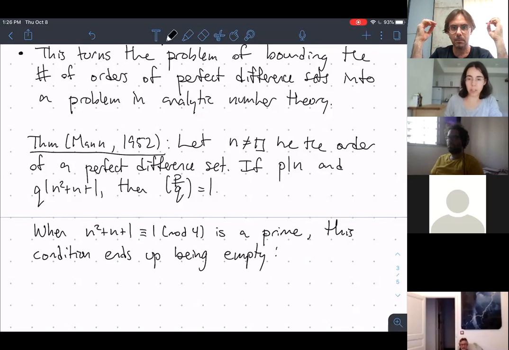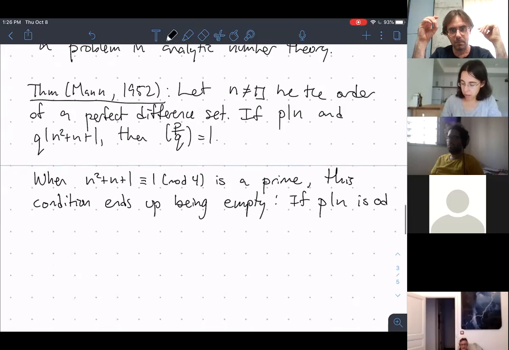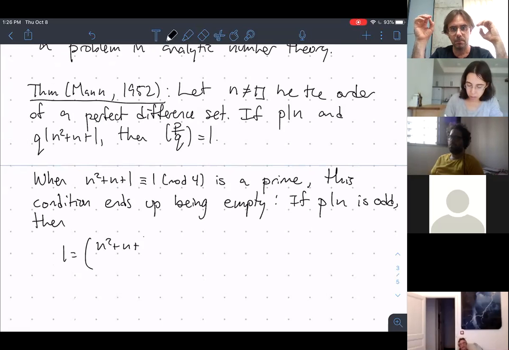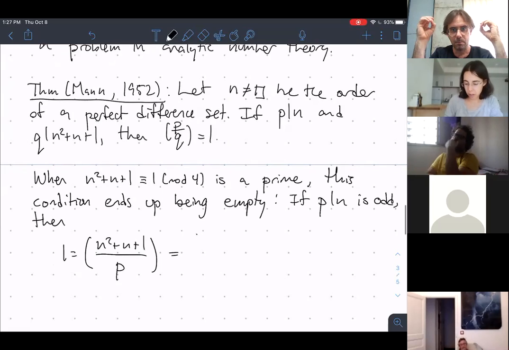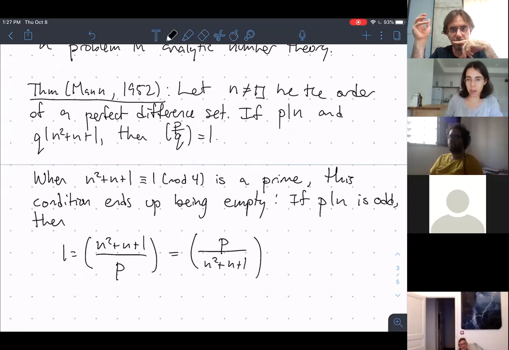And this is just a consequence of quadratic reciprocity. So if P is an odd prime dividing n, then we know that n squared plus n plus 1 is just going to be 1 mod P, so it's definitely a square. But then whenever n squared plus n plus 1 is 1 mod 4, quadratic reciprocity will tell us that P then also has to be a quadratic residue mod n squared plus n plus 1.